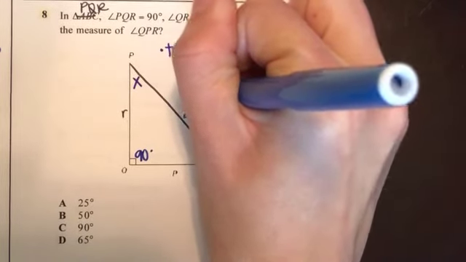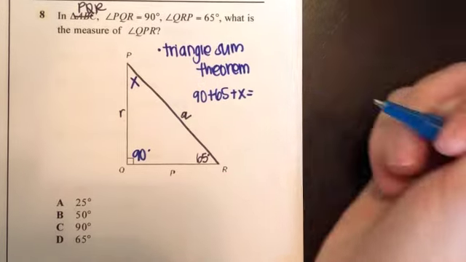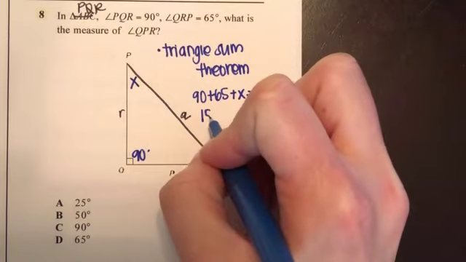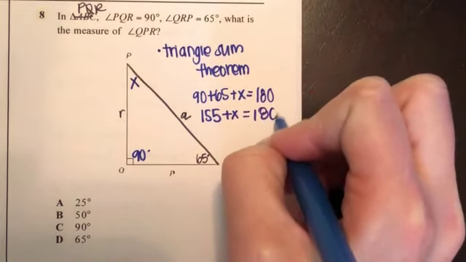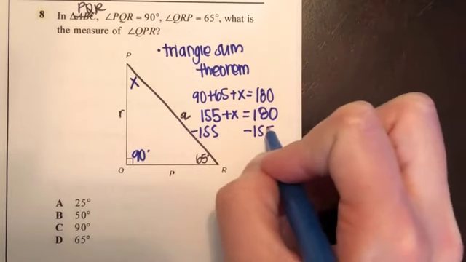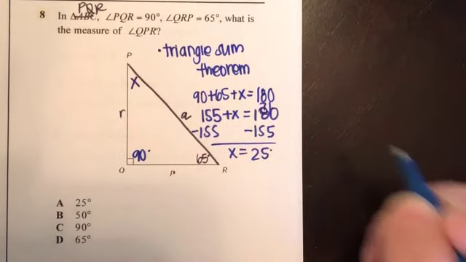So it's going to be 90 degrees plus 65 degrees plus x will equal 180 degrees. So we're going to add 90 plus 65. Combining like terms, this is what we're going to have. And then solving for x, we get x is equal to 25 degrees.